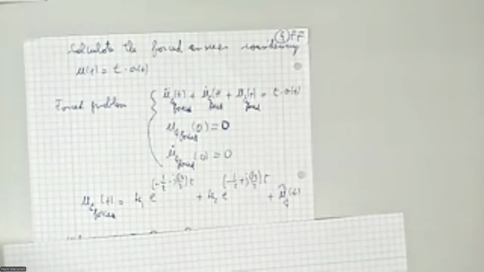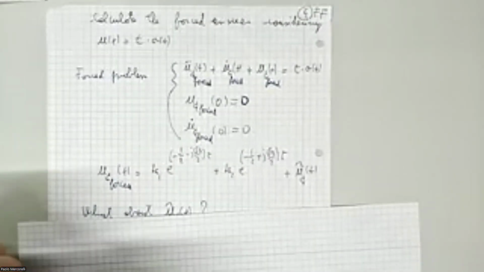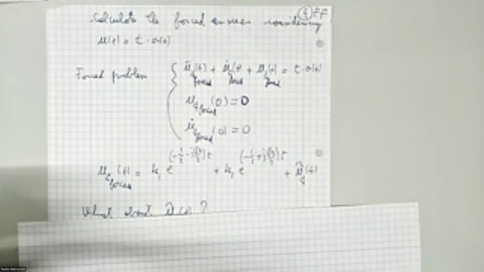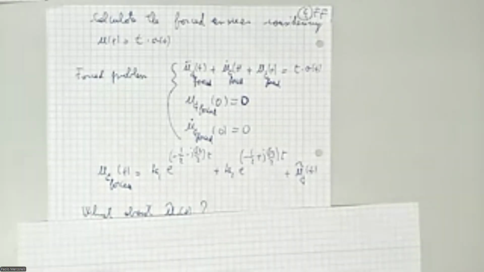In order to analyze physically a little bit more in depth 0 minus and 0 plus, I will do it. Of course, we consider very often this free and forced answer instead of homogeneous and non-homogeneous. This approach is valid for linear systems.